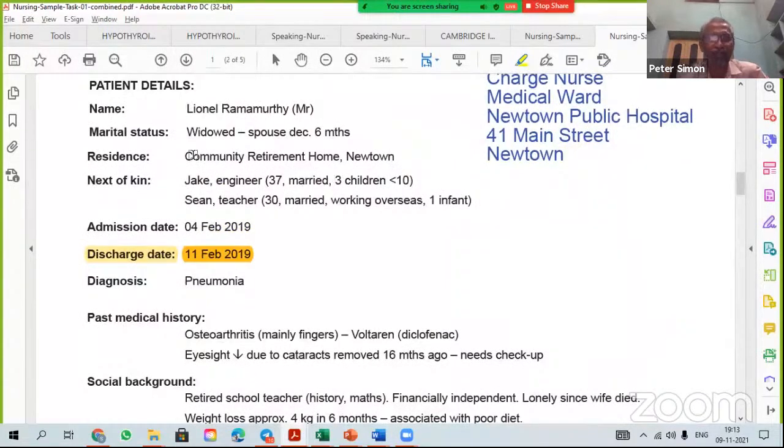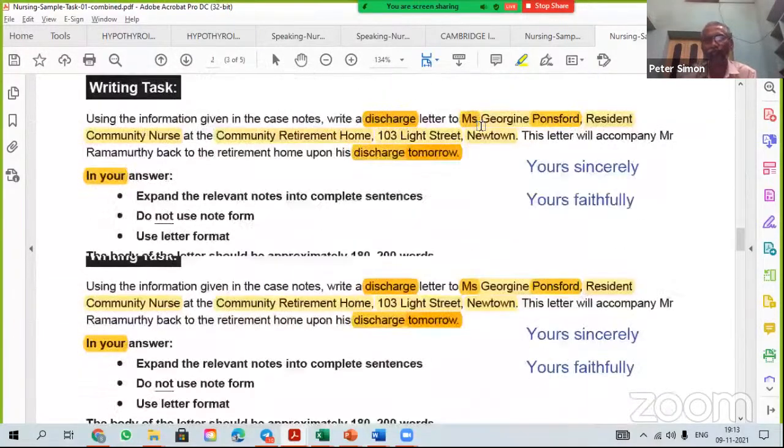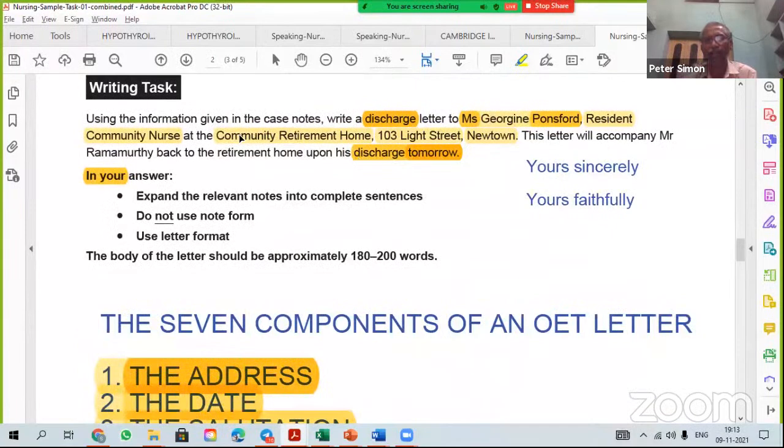So his residence is community retirement home, and he is going to the community retirement home. So this is his address, the address of the community nurse. So this is a known case.